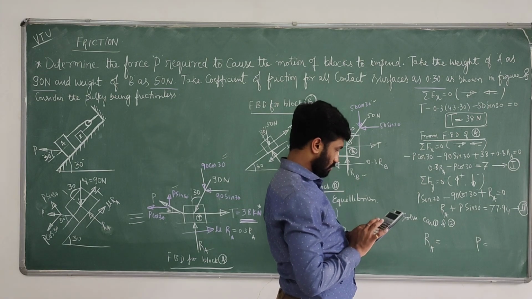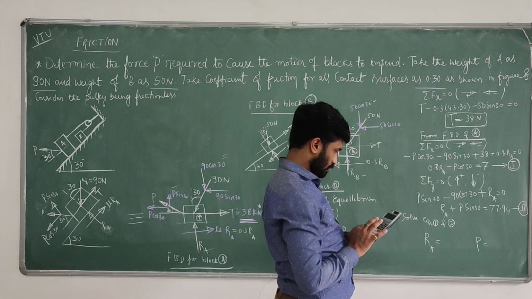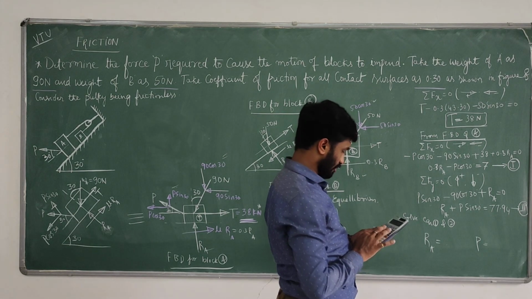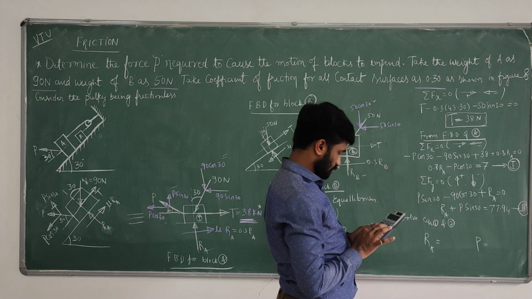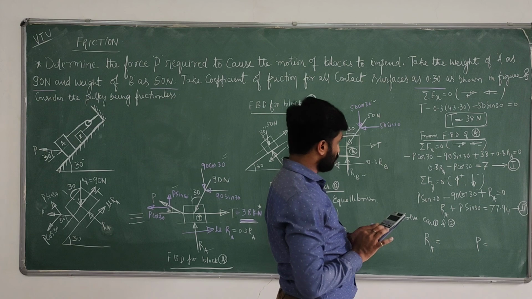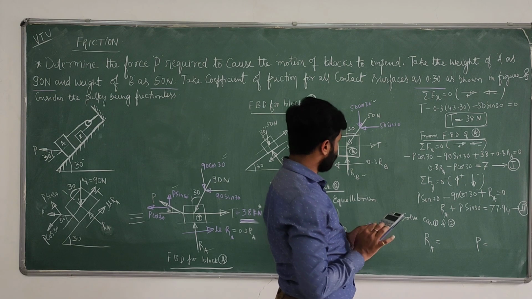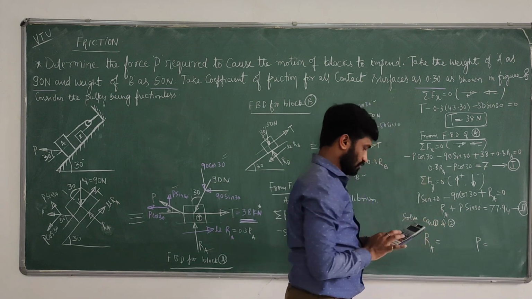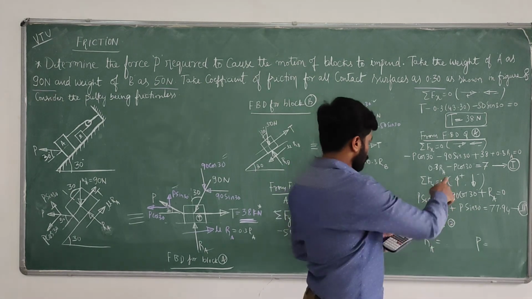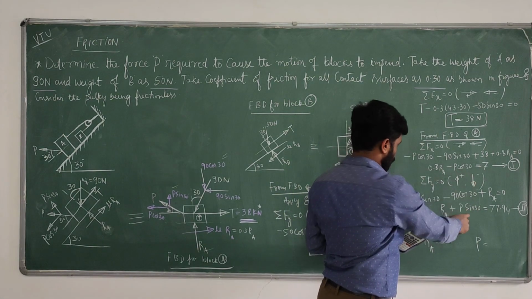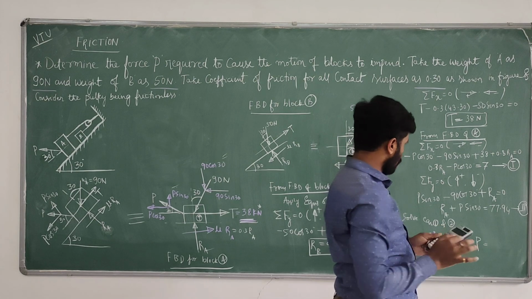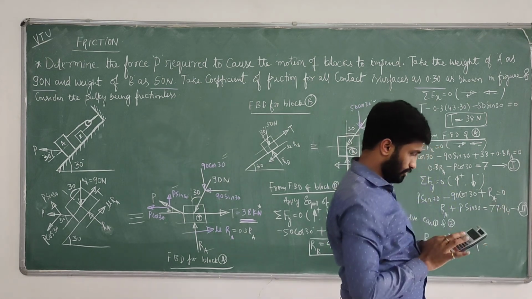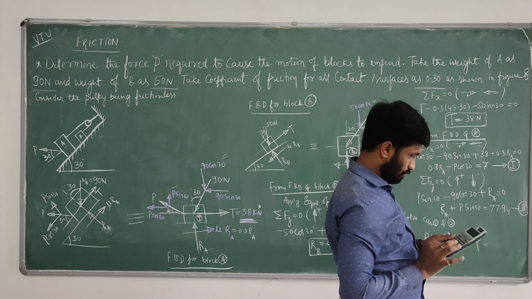Taking the equations here: the first coefficient is 0.3, the second coefficient is minus cos 30, the third is 7, equal to; the RA coefficient is 1, the P coefficient is sin 30, equals 77.94.